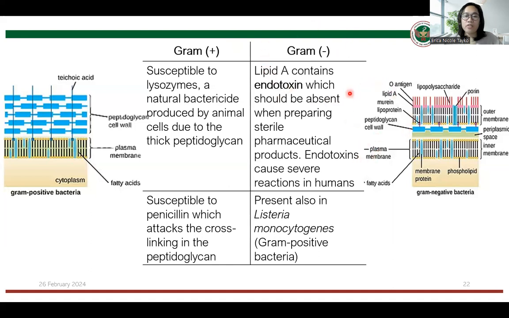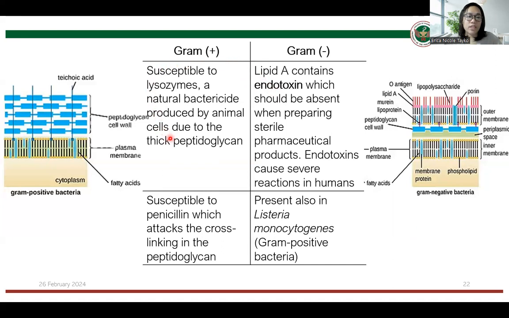Because your gram-negative bacteria has the ability to excrete mga endotoxins that can actually also contribute severe reactions to their hosts, yung humans. So that's why mawawala na yung notion natin that your gram-negative are more virulent than your gram-positive.